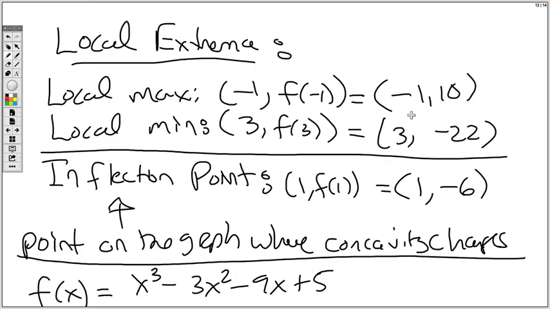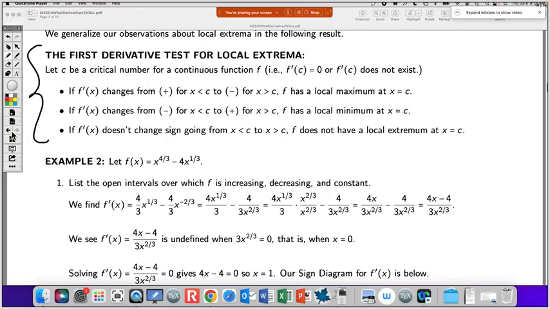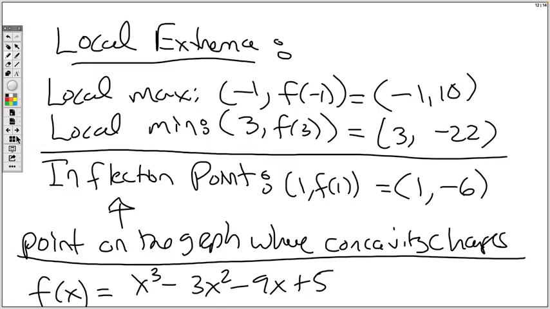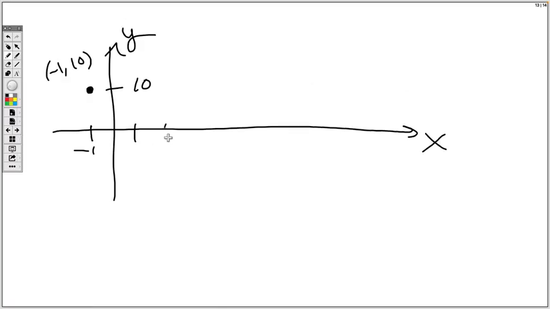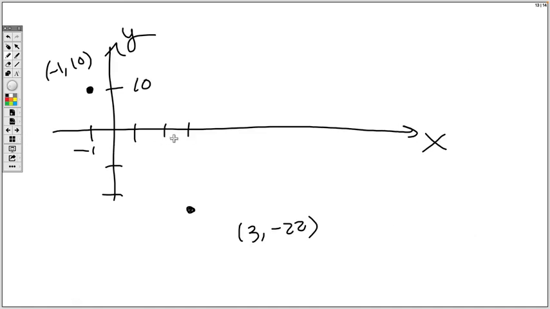We've got negative 1, 10, that's a point on the curve, so that's something to pay attention to. So negative 1, 10. We got 3 comma negative 22. And we got 1, negative 6.